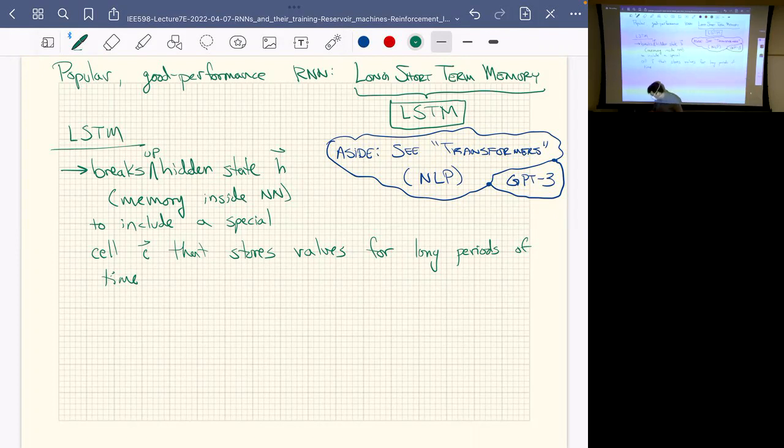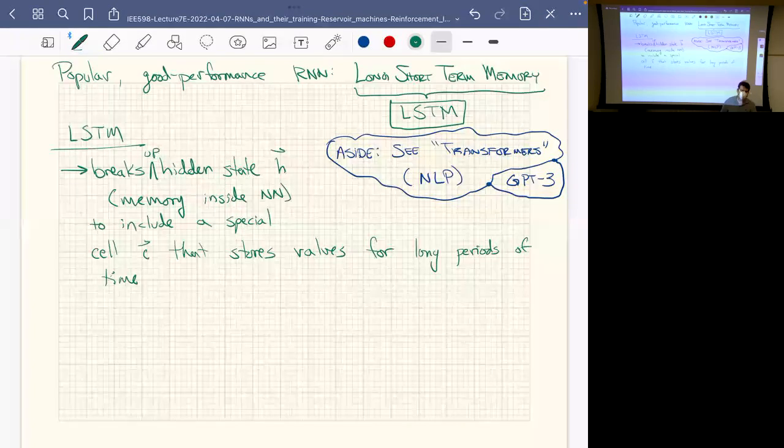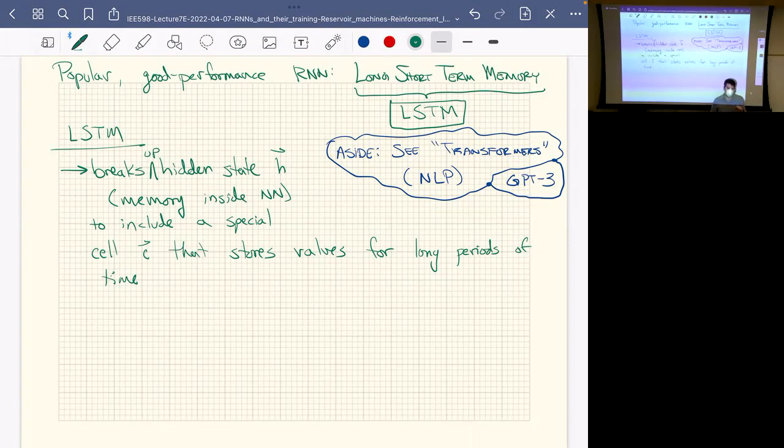So there are these gates that, based on the current input, maybe text that's coming through in a text example, I'll give you a text example in a second, will say: do I need to combine this input with information from this memory that is very long-lived? Do I need to update this long-lived memory based on my input text, or do I leave it alone and not process this at all? I'll make this clear in a second.